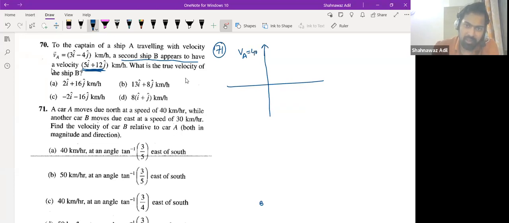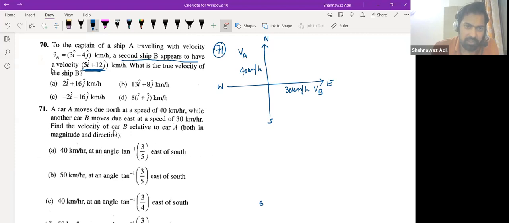And then we have another car B which moves due east. So this is north, south, west, east, and the other car is moving at 30 kilometers per hour. So this is VB, and this is 30 kilometer per hour.